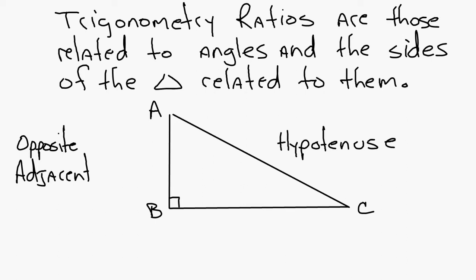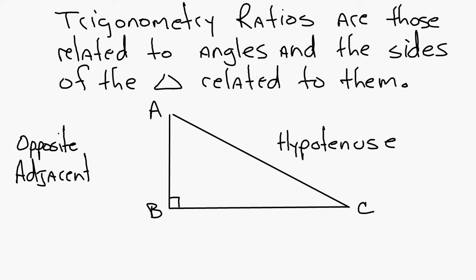Because your trig ratios are written using rules, and in the rules, they use the three terms when talking about a triangle and sides related to an angle: hypotenuse, opposite, and adjacent.